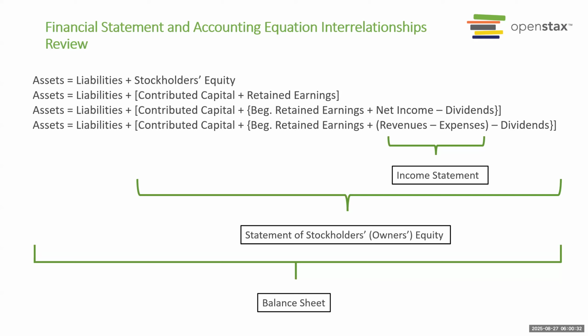And then finally, we have assets equal liabilities plus contributed capital plus beginning retained earnings plus revenues minus expenses, which is net income, less dividends. All of these appear on the income statement, statement of stockholders' equity, or balance sheet.